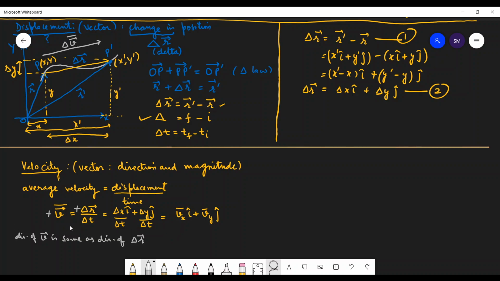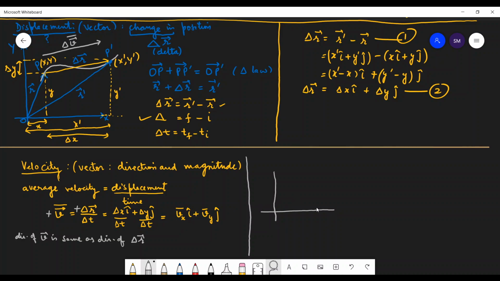Now the important thing is that, as I have discussed, a vector has direction and magnitude. So this is my vector. Now what will be its direction and what will be the magnitude? Let us draw the components of velocity.